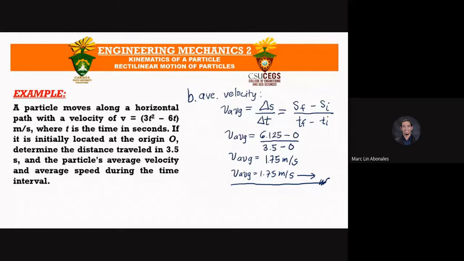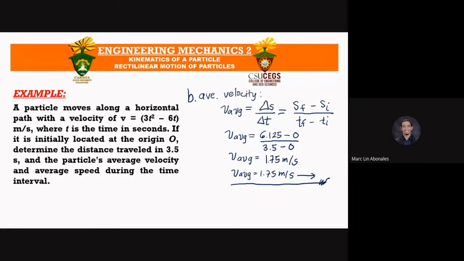But since during the time interval man ang gi-indicate diri sa atong problem, so the time natong i-consider here is the final time, which is 3.5 seconds. So during that time na 3.5 seconds, ang iyang position at that time is 6.125. So mao na ang iyahang final position.